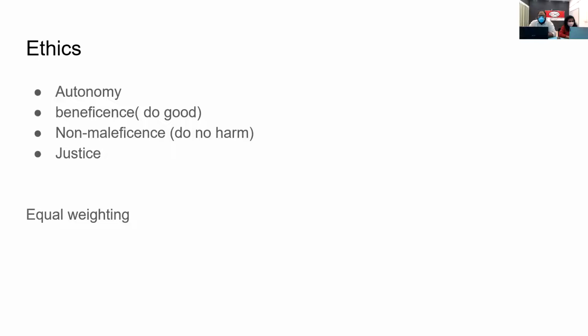And justice. Think about the 4 cardinal principles that all these have equal weighting in an ethical issue. So when you are trying to manage an ethical issue, all these cardinal principles should have an equal importance.